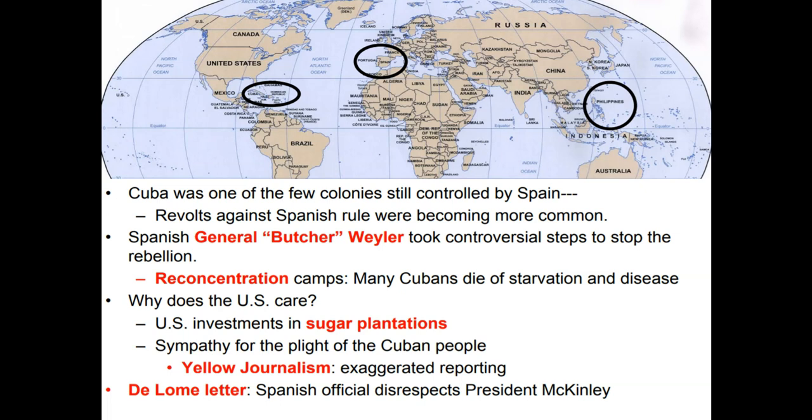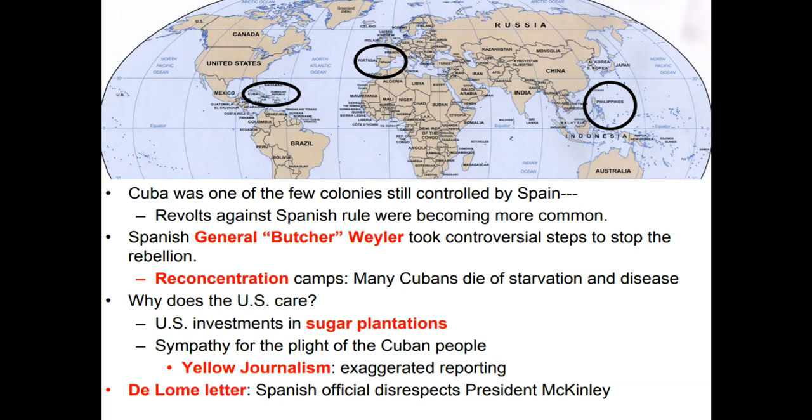But why does the US care about this? Well, the US has a big investment in sugar plantations in Cuba. This obviously created a problem because the United States had to protect the investments of its people in Cuba.